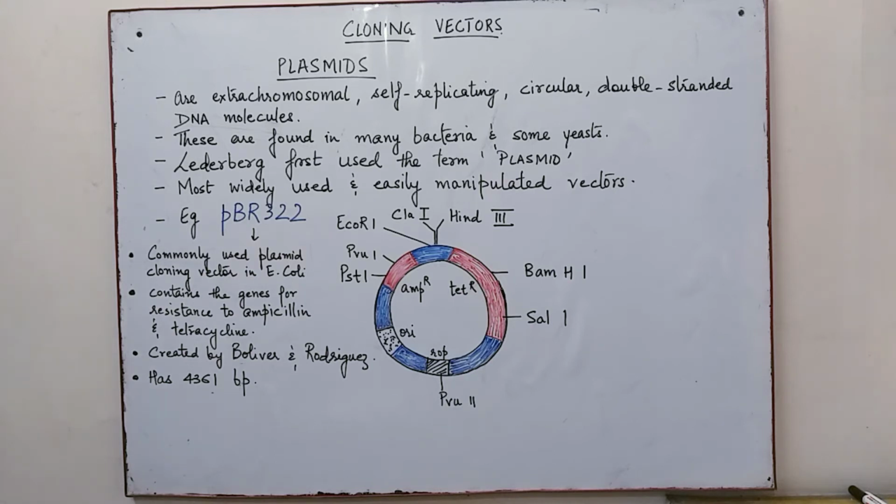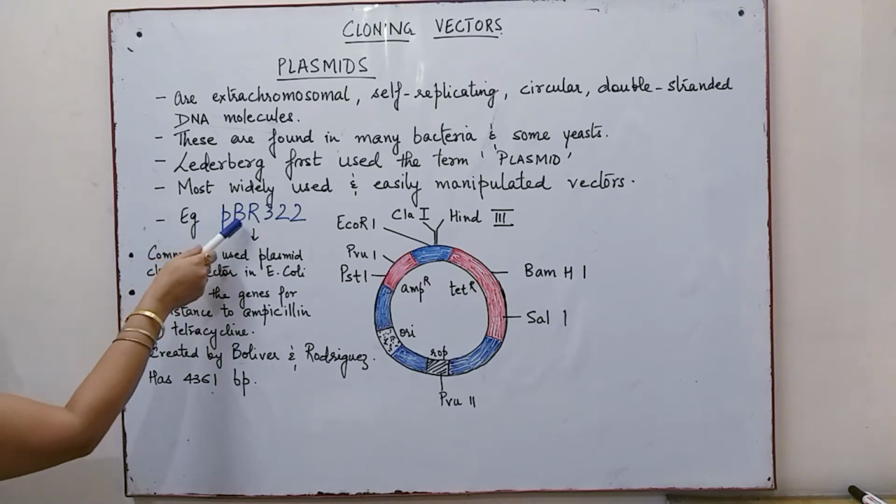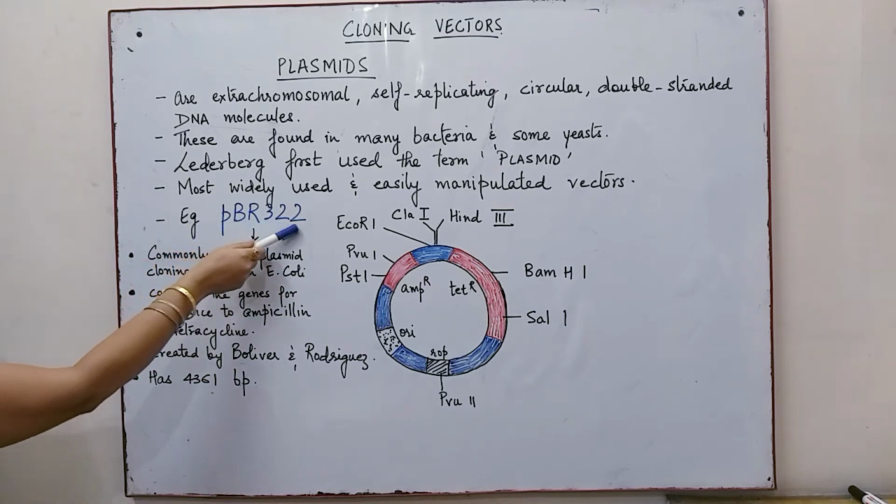Over here, we are going to take an example of one very important vector, that is pBR322. It is a commonly used plasmid cloning vector in E. coli, and it has a specific name, pBR322. Here p is small, BR has to be capital, and then this number.